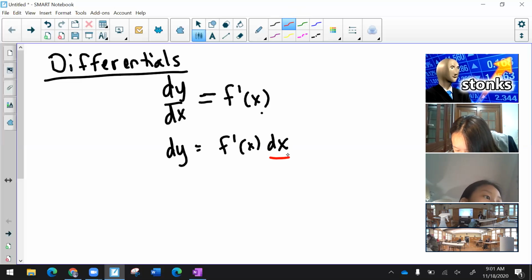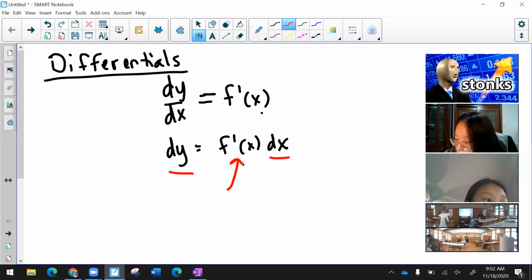Okay. So what effect does making that very, very small change in dx have on dy?